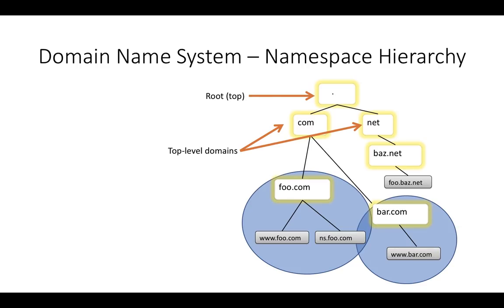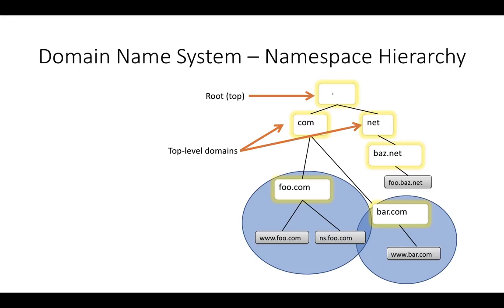If we take a domain name from right to left, we're establishing from top to bottom the ancestry of this tree. If you go from left to right, you would be establishing the ancestry from bottom to top. Let's take a look at that www.foo.com I mentioned. If you strip the leftmost label, then you end up with foo.com.